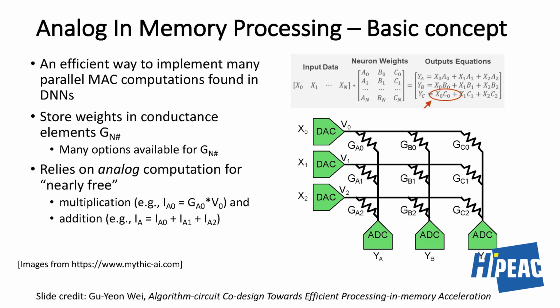What we can see is that x can be applied as an input voltage, and that voltage causes a current proportional to the resistive value which is stored. Once you add up the currents, you get the dot product out from the ADC. This is the most common form of analog computing which has been proposed with memories. This is a basic dot product engine which people have shown to be very effective for what?